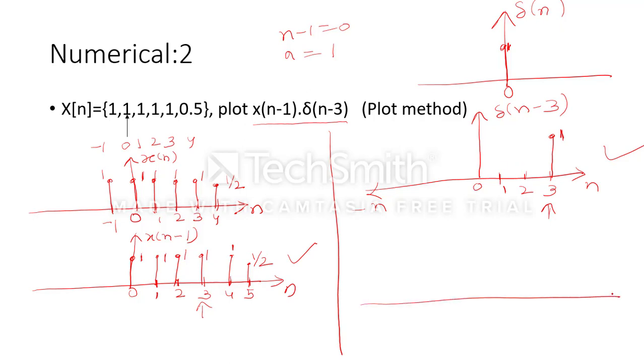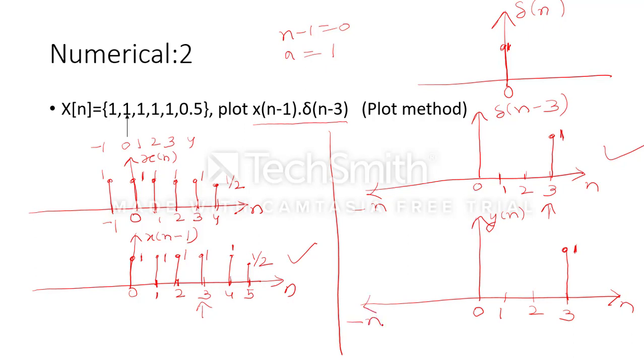So our final result will be 0, 1, 2, 3. Only one sample will be present in the final answer, and its magnitude will be 1. This is yn, which means output. This is n, this is minus n.